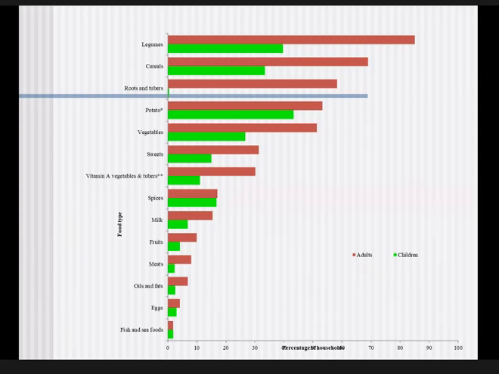Like mine is, the tallest bar is at the top, and the shortest is at the bottom. I hope that one is clear. Yeah, it's clear.